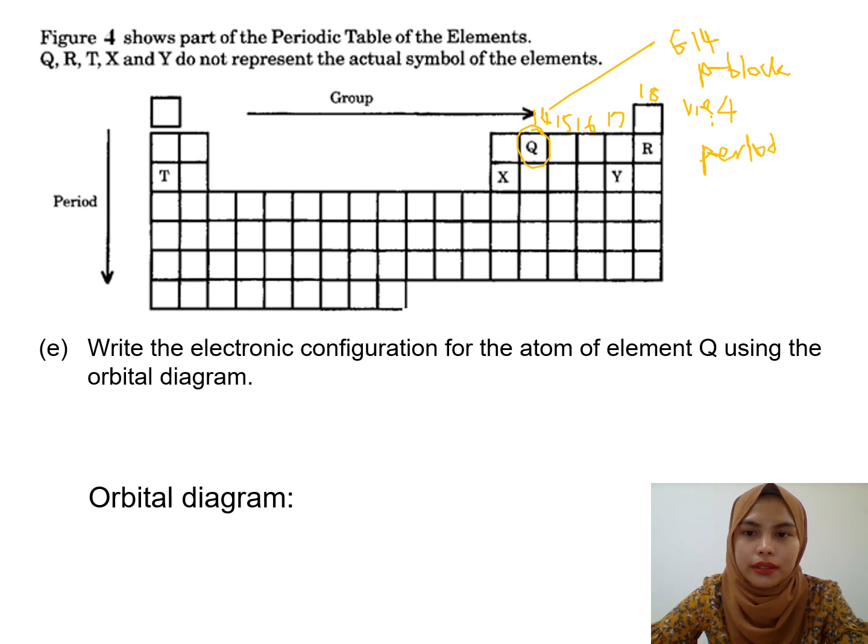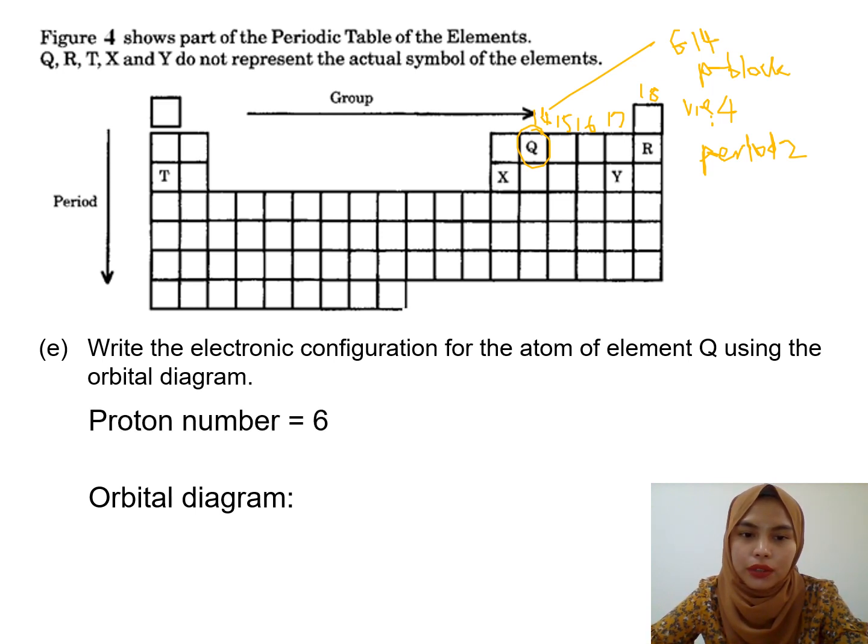Period yang kedua. So, if let's say you build the SPDF notation untuk Q, you will know that Q hanya ada 6 proton number. How? Okay, sebabkan dia berada pada period yang kedua and then berada pada P block, jadinya dia mempunyai general valence electronic configuration of ns and p.